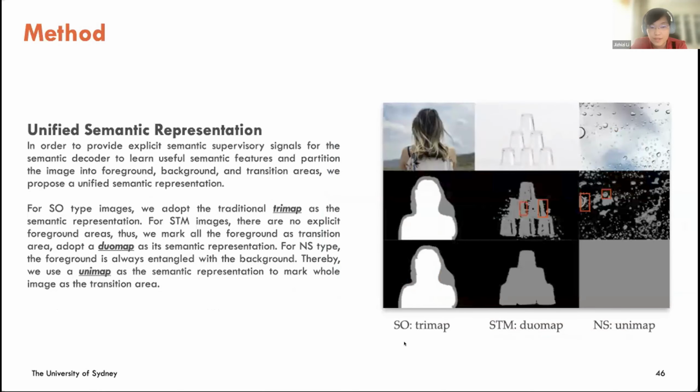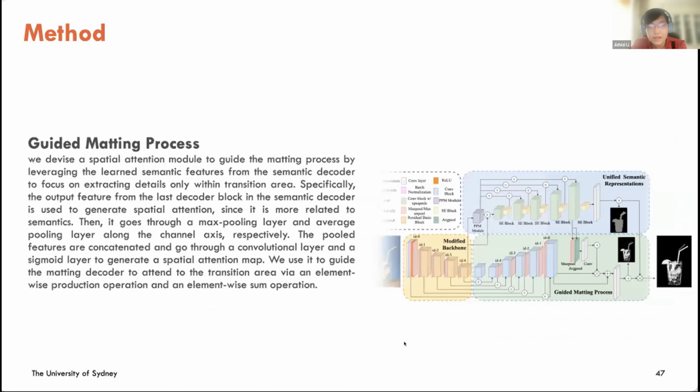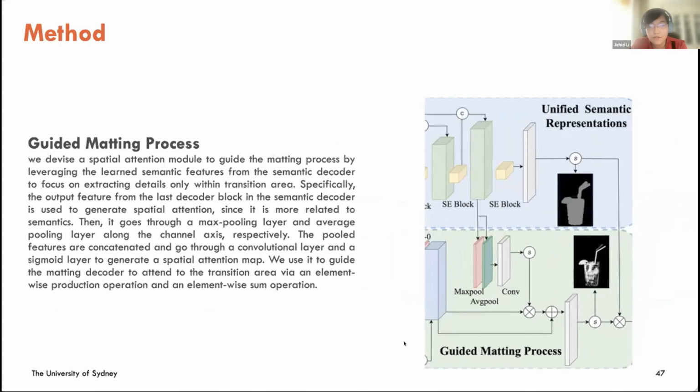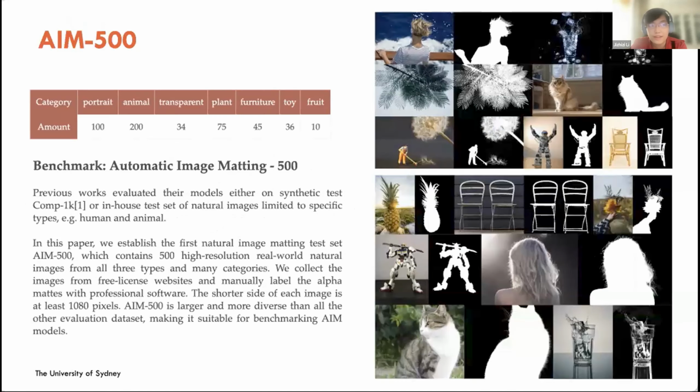And we use a unified semantic representation. We present different semantic representations for different types of images, especially for salient opaque, salient transparent, and non-salient. We use a guided mapping process to get the specific process of the mapping using the different unified semantic representations. And we also have another dataset proposed.